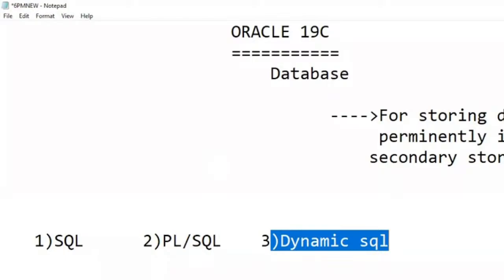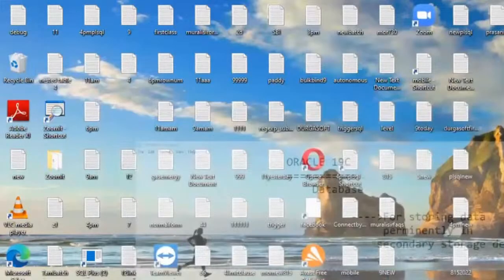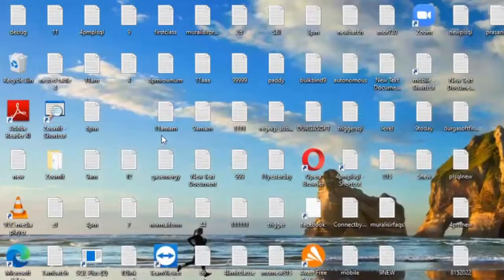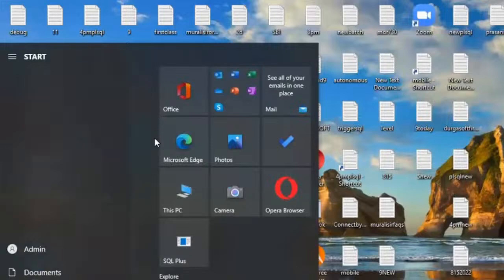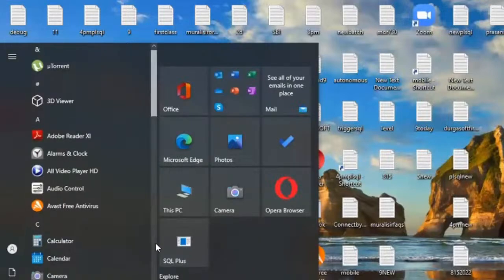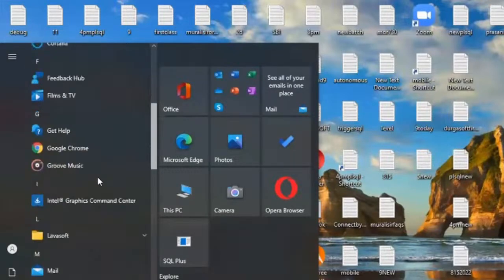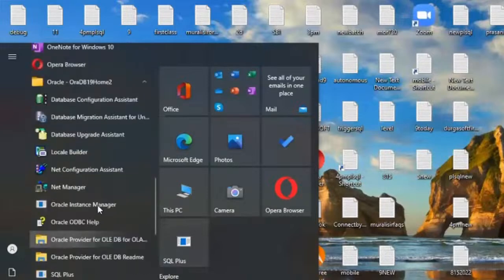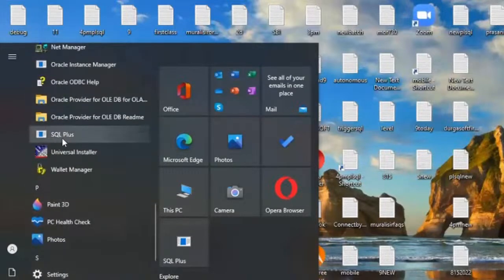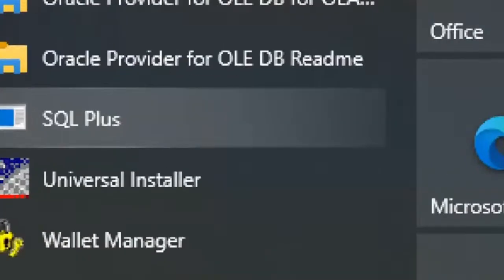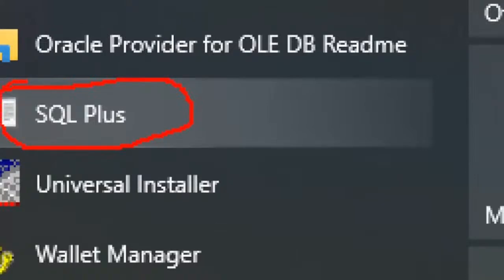Whenever I install Oracle software, the tool is automatically available. We are learning how to install and use these tools in our course, don't worry. Daily through this tool, we interact with the server, that is, the Oracle database. Those are all things we learn in our course.